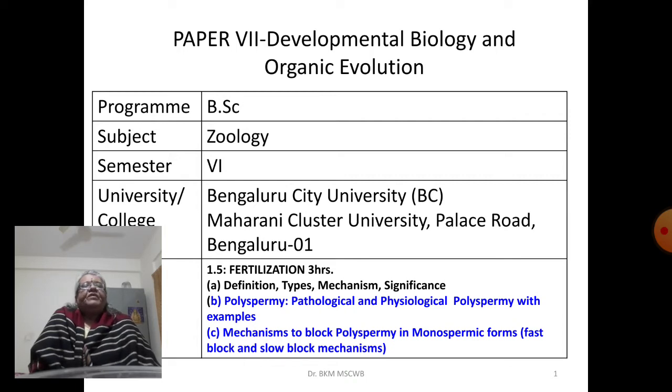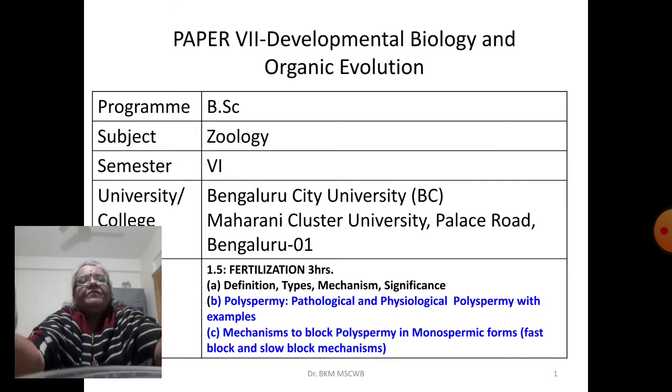And then you have to understand the mechanisms to block polyspermy in monospermic forms. There are two types: fast block mechanism and slow block mechanism. So if we are able to have a discourse on these topics, we are done with our duty today.